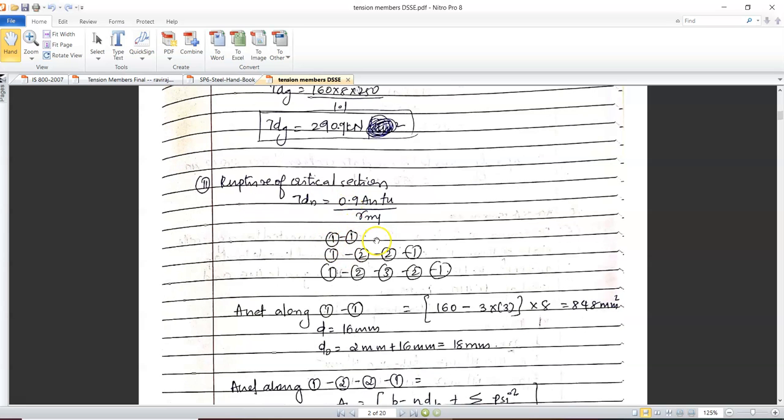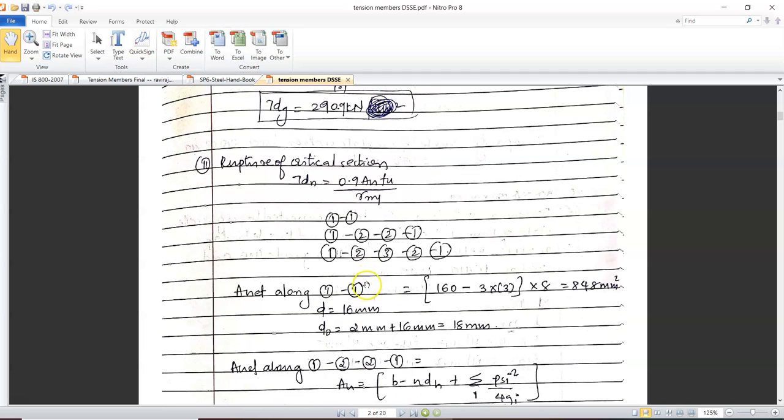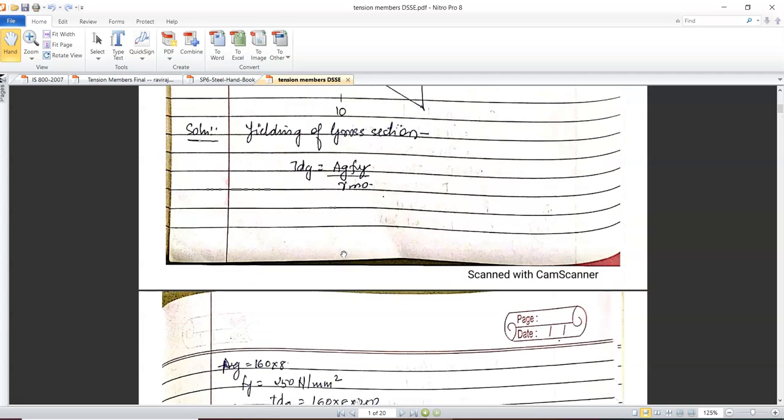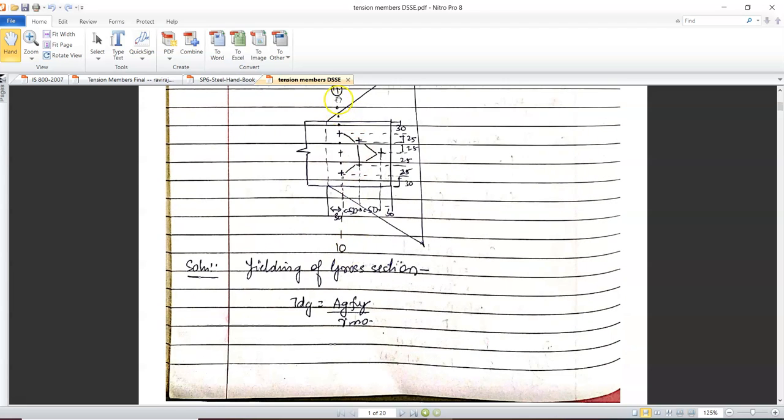Sorry, we'll repeat this. These are the critical cross sections. Section 1-1 is this, where 3 bolts are there.